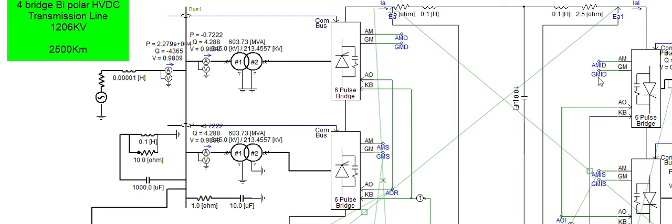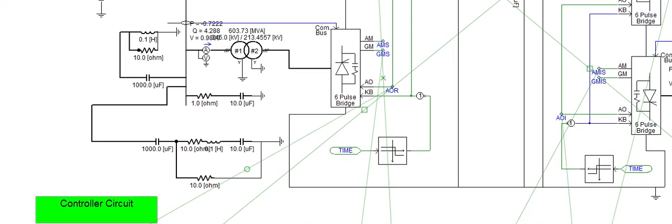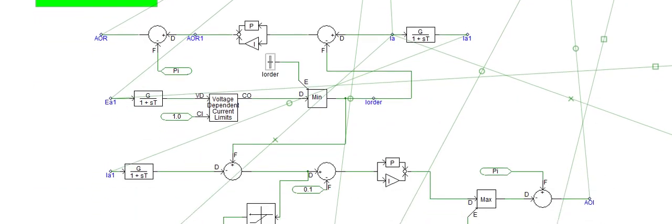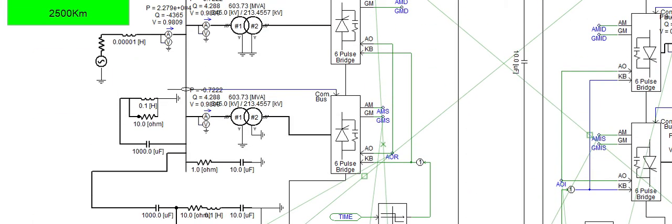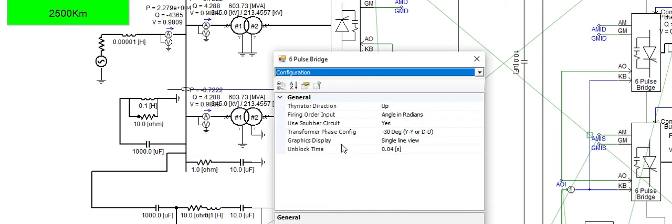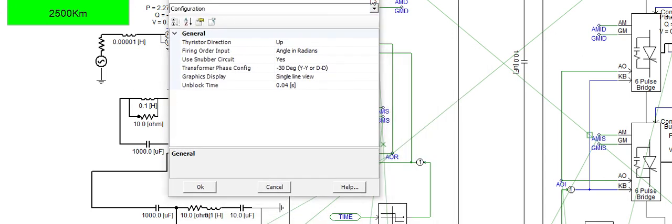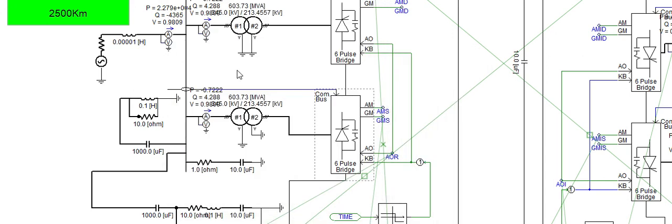The alpha and beta, the firing angles, you need to change through this controller circuit. Okay? With the help of this controller circuit you can alter your alpha and beta, or what you better say, these firing angles of the SCR bridge circuit, and you can observe the different effect.